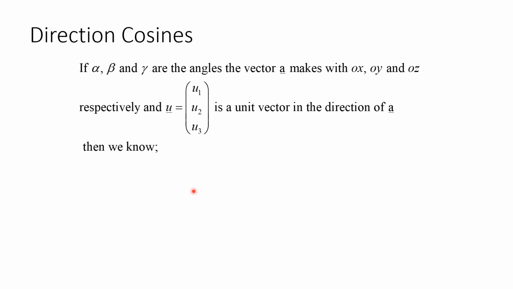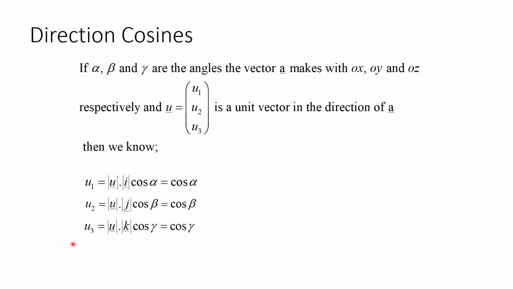Then you can conclude that this is how you calculate your u1, u2, u3, using the cosine formula or the dot product formula. And you simply conclude that u1, u2, u3 are respectively cos alpha, cos beta, and cos gamma.